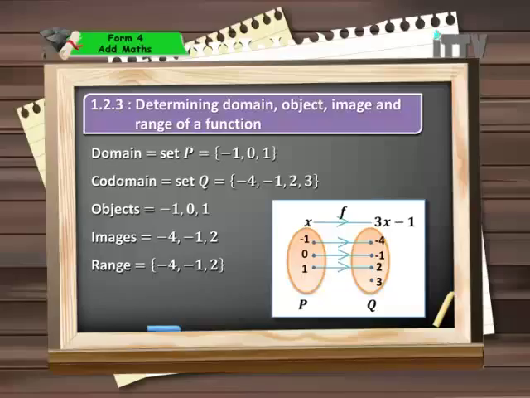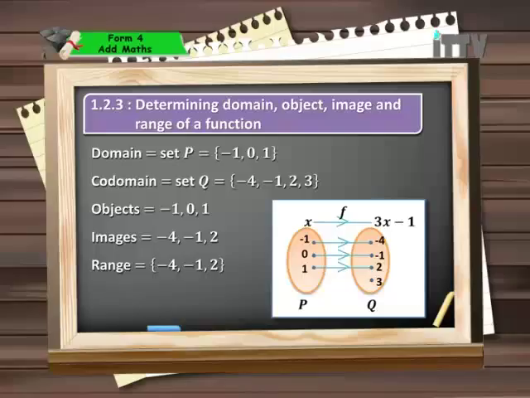The domain would be your set P, which is to be written in a pair of curly braces because we are referring to it as a set. And there are 3 items in set P, -1, 0, and 1 respectively. In the codomain, we have set Q, which is a set made up of -4, -1, 2, and 3.